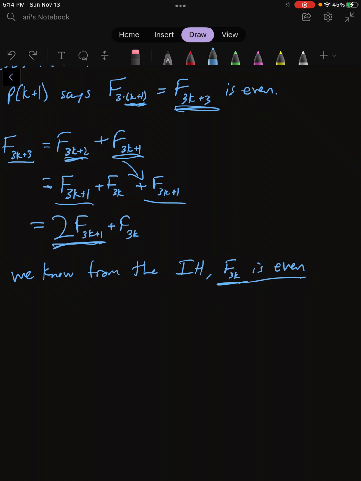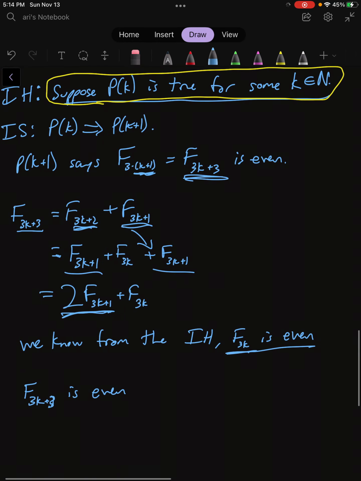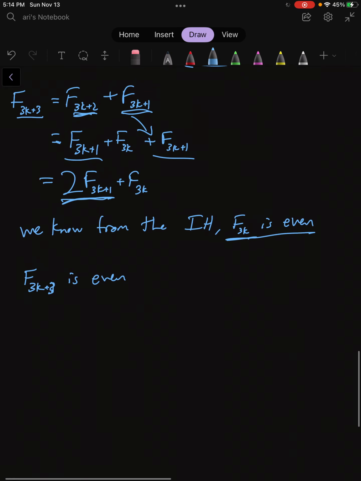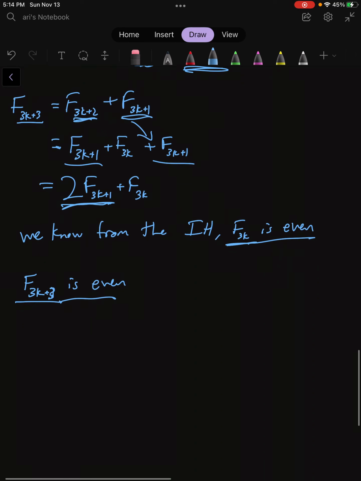So we can now say that f of 3k plus 3 is even. And we have used the fact that f of 3k is even from our inductive hypothesis, our P of k, to prove that f of 3k plus 3 is even. That's exactly what we're supposed to do.